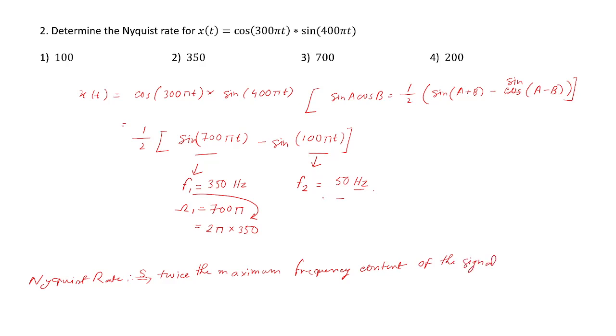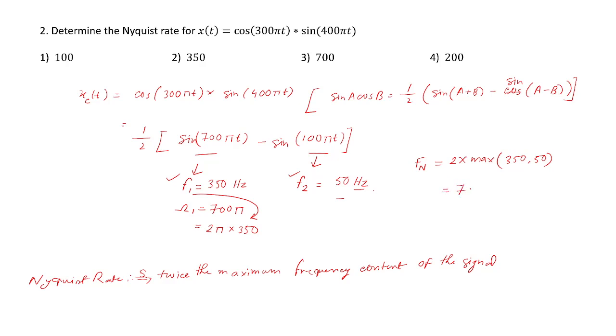So x(t) consists of two signals. One has a frequency of 350 Hz, another one has a frequency of 50 Hz. So the Nyquist rate Fn is going to be 2 times max of 350 comma 50, whichever is maximum.